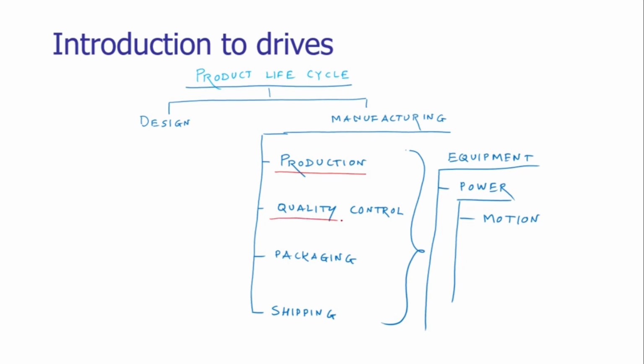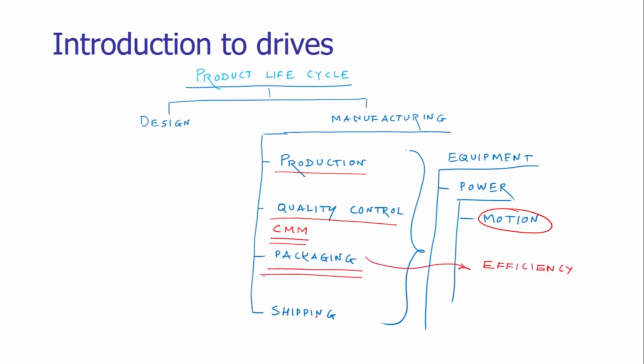It may be required in the quality control operation. The motions are required in quality control operation. A simple example is the CMM, that is, the coordinate measuring machine. We should have a very precise relative motion between the various elements of a coordinate measuring machine, which gives us the measurement in microns.